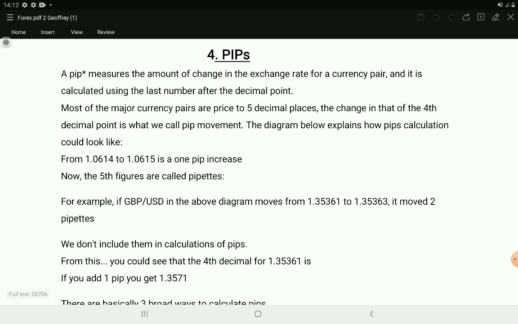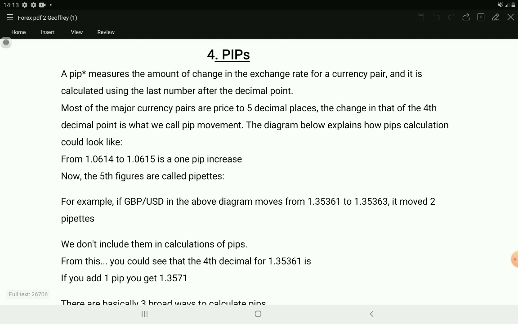This 3 here is what we call a pipette. In this value, the market has not even moved 2 pips. It is in pipettes, and in the forex market we don't calculate pipettes. We start our calculation after the 4th decimal point.